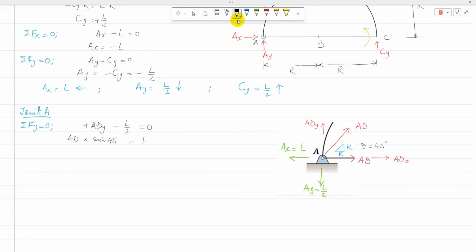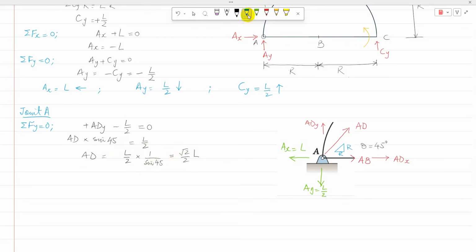So that is L over 2, and then AD is equal to L over 2 divided by sine 45. So the answer is AD equals L over 2 times 1 over sine 45, which is root 2 over 2 L.